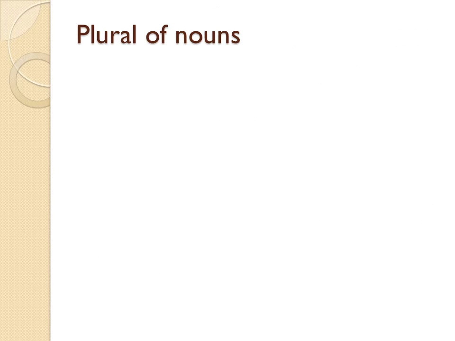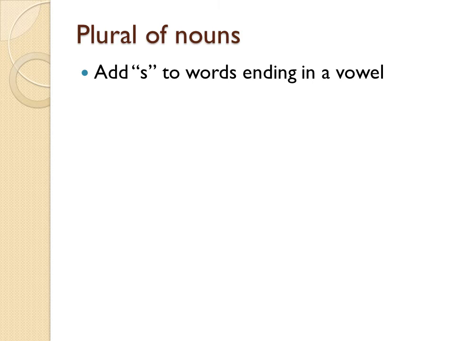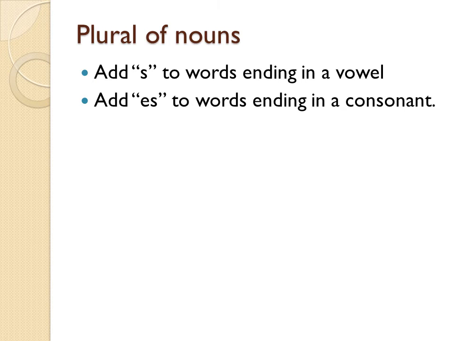Okay, now let's go through the specific rules of how to make nouns plural. It's all based on how the noun ends. So if you look at a noun and it ends in a vowel, then we just add an s to make it plural. If it ends in a consonant, then we add es to make it plural. There's one exception.